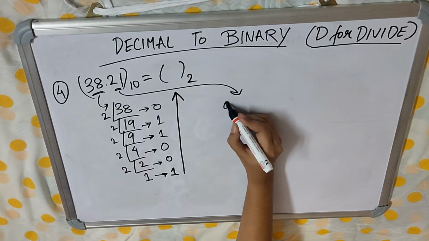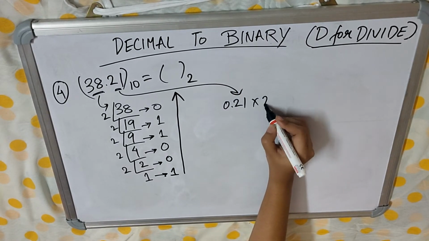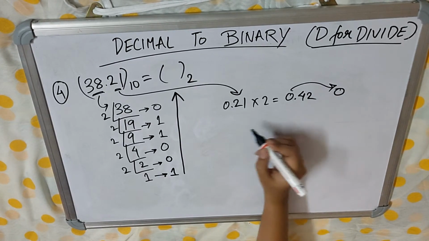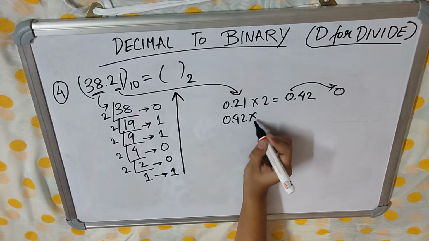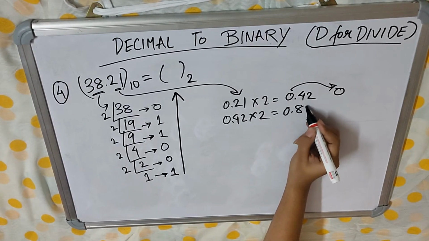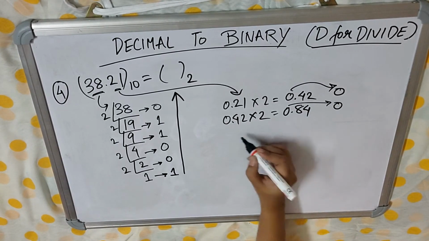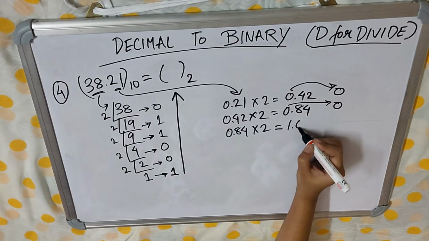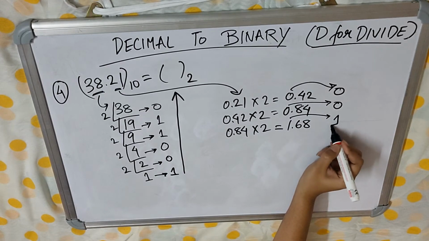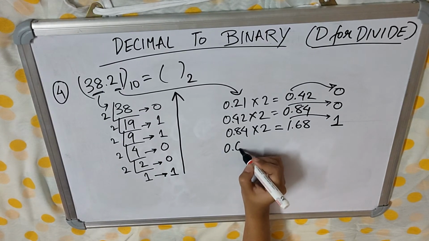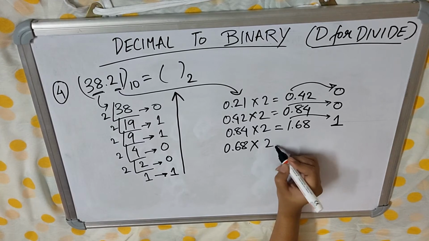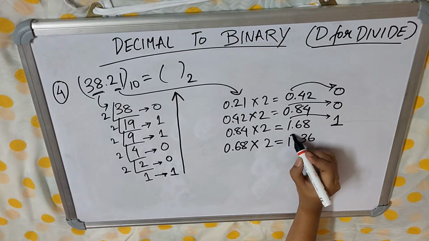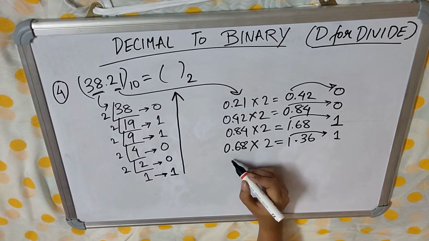Now 0.21. You won't get a 0 in this case, so you put the number 0, get the decimal part, again multiply with 2, 0.84, again that part is 0. The remaining part 0.84 into 2, you get 1.68, you get 1, but you still don't get a 0, so you again multiply 0.68 with 2, you will be getting 1.36, again 1, still no luck.